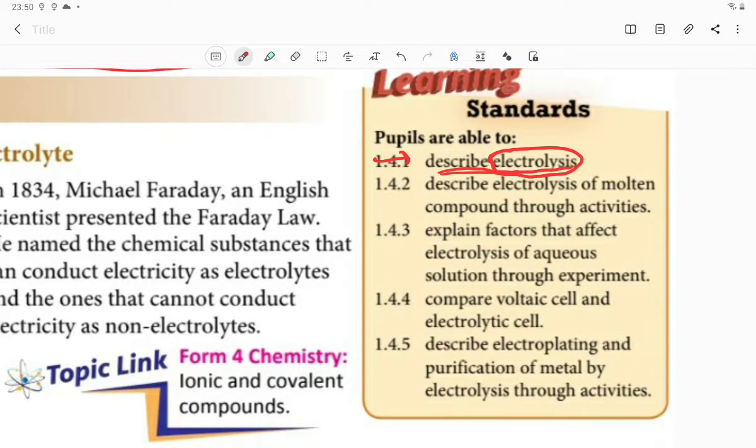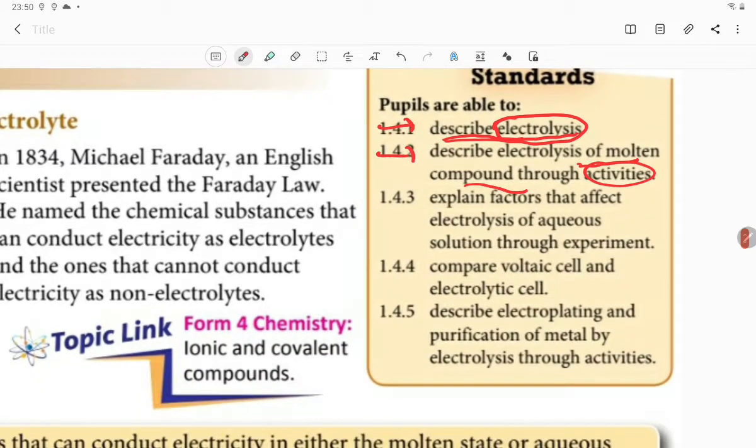Second, describe electrolysis of molten compound through activities. We're going to conduct an experiment, and hope we can do it.